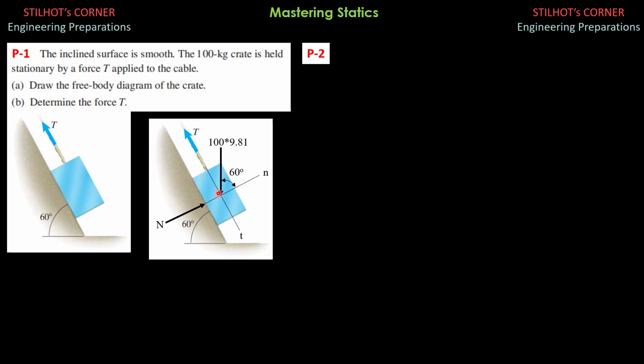If we treat T as positive, then it is T, then the tangential component of the weight, which is in this direction, opposite to T. So T minus 100 times 9.81 sine of 60 degrees equals 0. Solving for T, T is equal to 849.6 newtons. So this is the FBD, and for part B, this is the value of T.